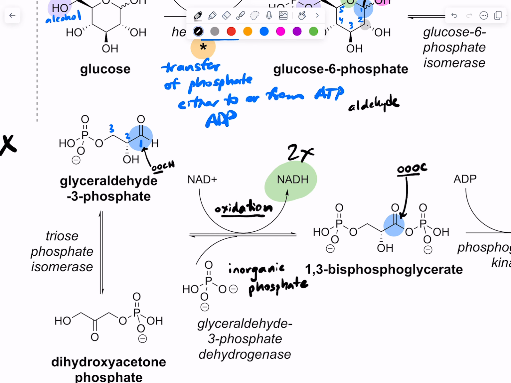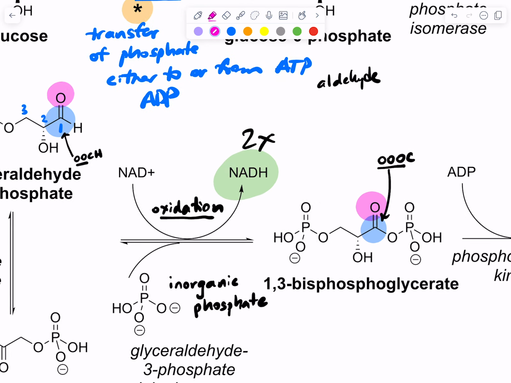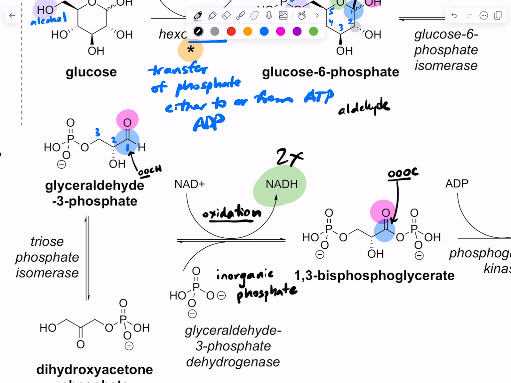This is the oxygen that used to be the aldehyde oxygen. Here it is as the carbonyl oxygen. Also, this functional group in which the carbonyl is attached to a phosphate leaving group is called an acyl phosphate. Do you remember what level acyl phosphates are? One, right?